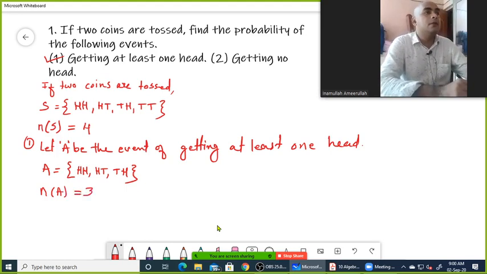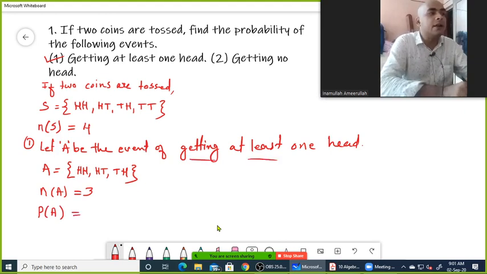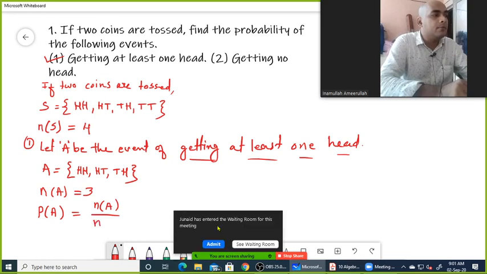Now we need to calculate the probability of this event. P stands for probability. Probability of event A, where event A is getting at least one head, is equal to number of A upon number of sample space.